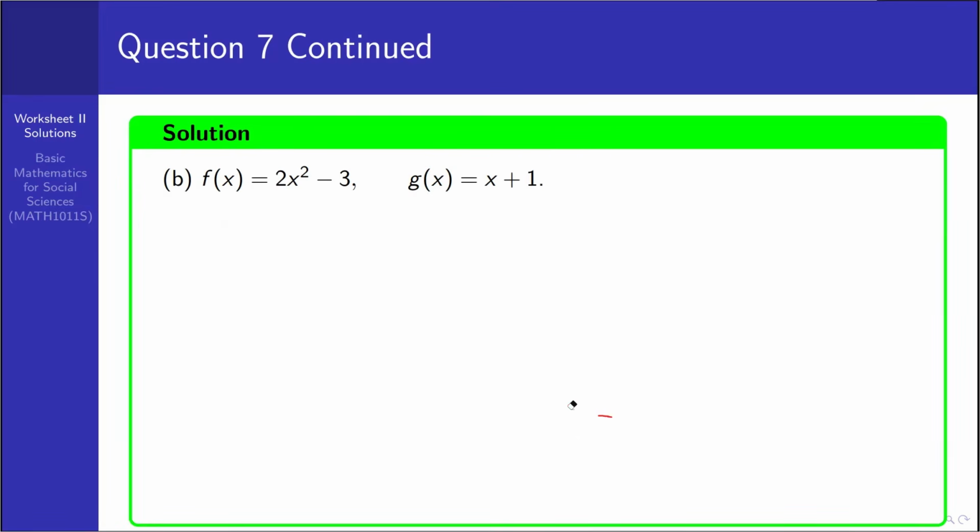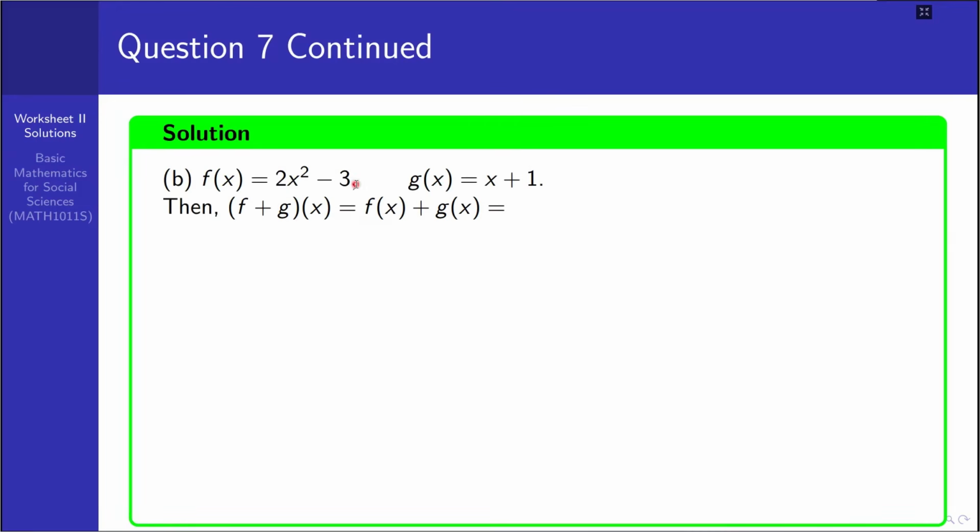That is, when f of x is equal to 2x squared minus 3 and g of x is x plus 1, the same functions, but what we are asked here, the operation and the composition, differ. Then f plus g of x, using that formula, we know that f plus g of x is simply the same as f of x plus g of x.